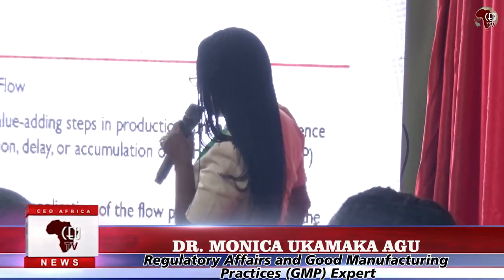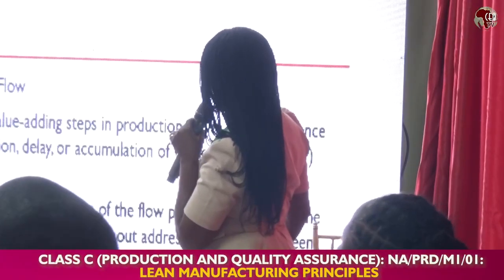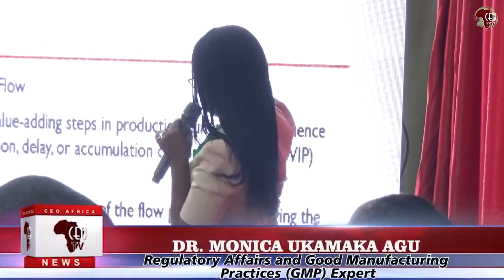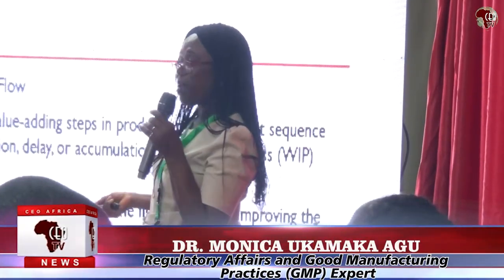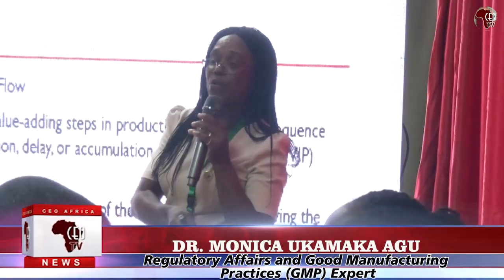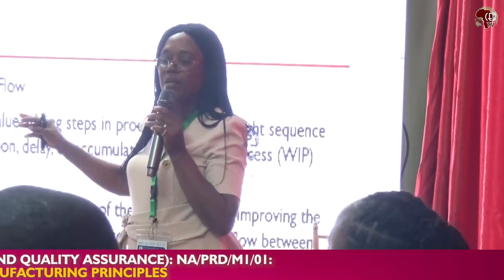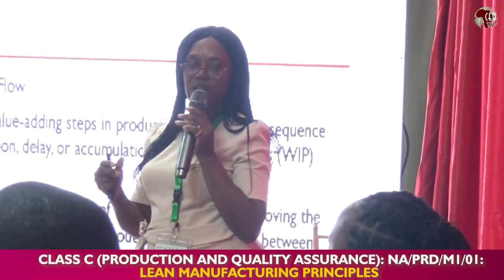So the most common application of the flow principle is improving speed in individual processes without addressing the flow between them. It's like, in granulation and then compression, you make sure that everything, the speed, is done fast. Compression, the same thing. But then that time lag between the two, you're not doing anything to shorten it.